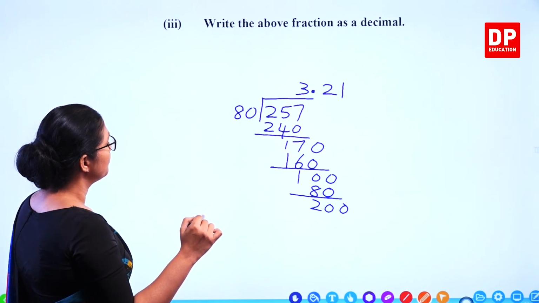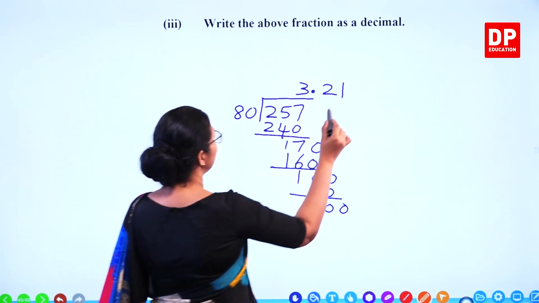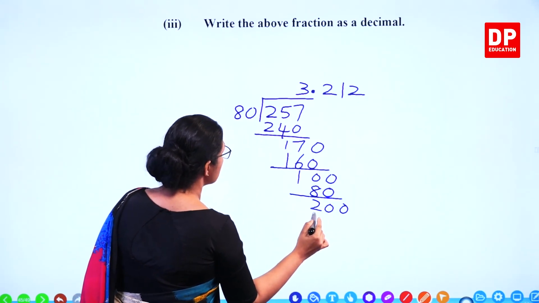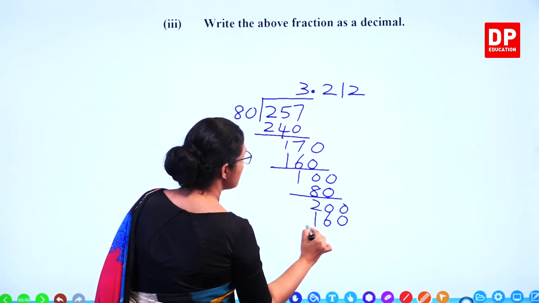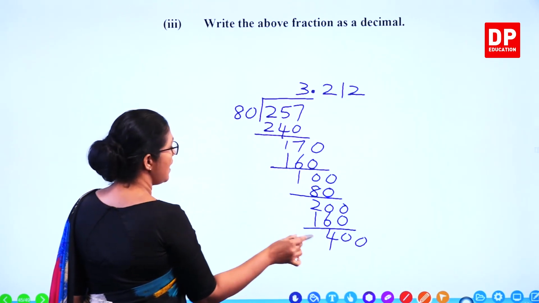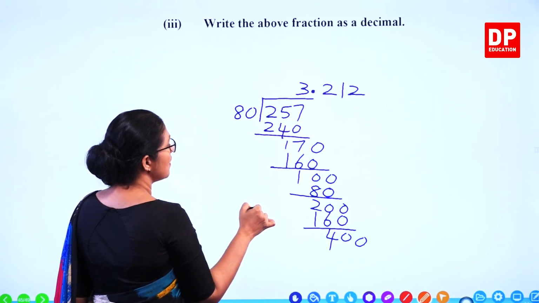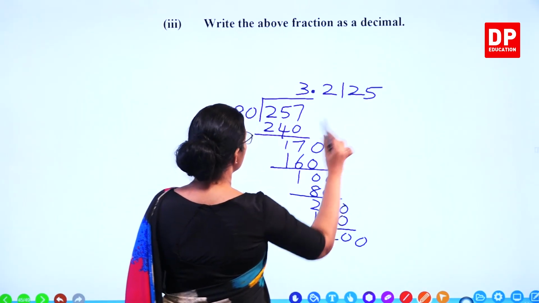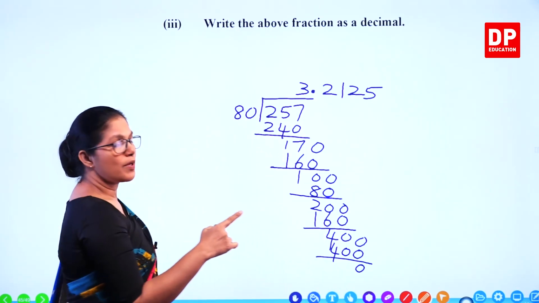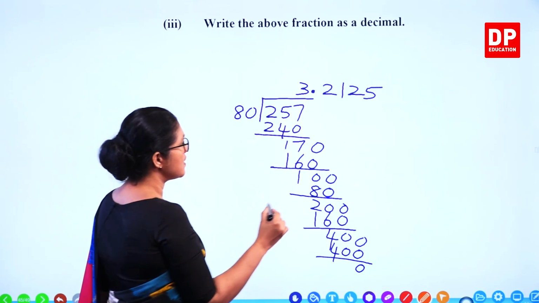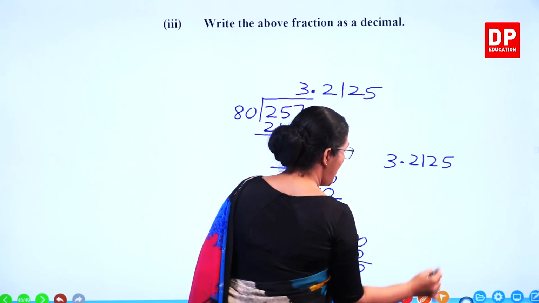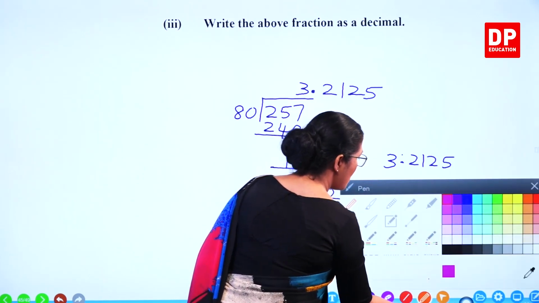What's the value? 80 times 2, that's 160. So 40 remaining now. 400, 80 times 5. 400. So it's definite because you get the remainder 0. So what's the answer? 3.2125 as a decimal value.